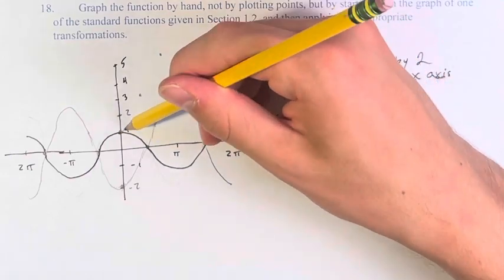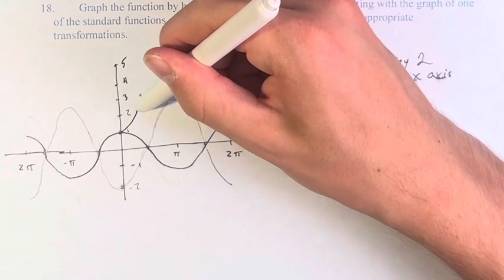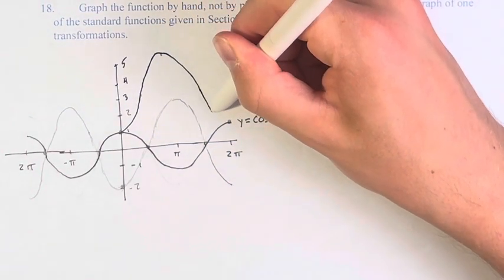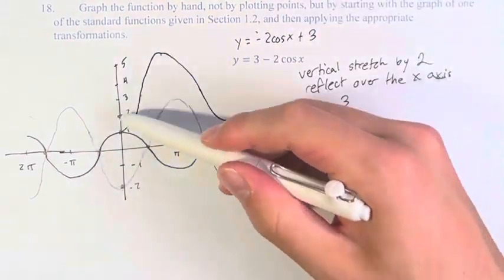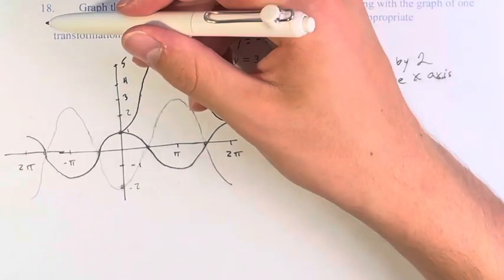So we get the general shape, and I'll draw this in pen because this is our final function. We get the exact same shape as we have here, just moved up. And obviously I'm hand drawing it, so the shape isn't perfect, but you get the idea.